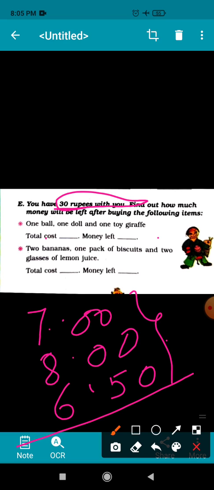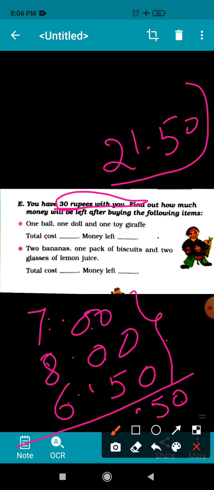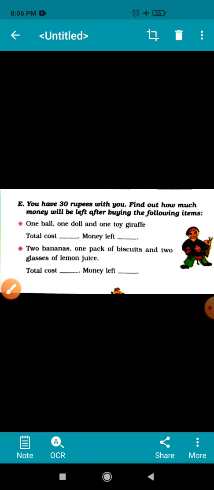So when you add this amount, 0, 0, 0 and 5 will become 5 and then put a dot. 7 and 6, 13, 13 and 8, 21. So 21 rupees 50 paisa. You have done purchasing of rupees 21 and 50 paisa.